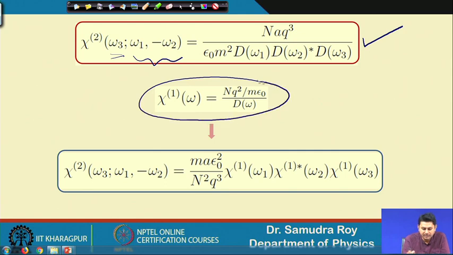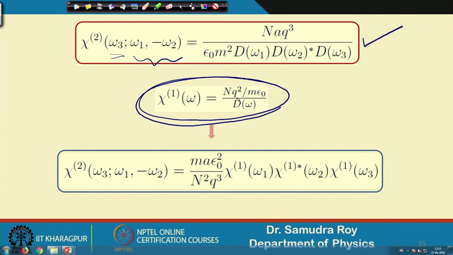This has already been done when we learned the Lorentz model, the linear or classical theory of susceptibility, where we have chi 1 equal to n q squared divided by m epsilon 0 d omega. Now, this quantity d omega is also sitting here, in terms of d omega 1, d omega 2 and d omega 3.